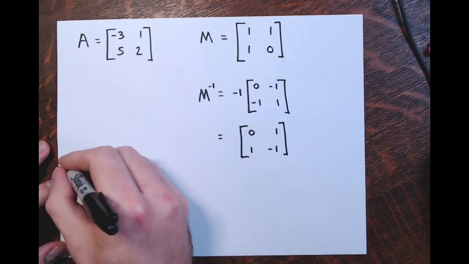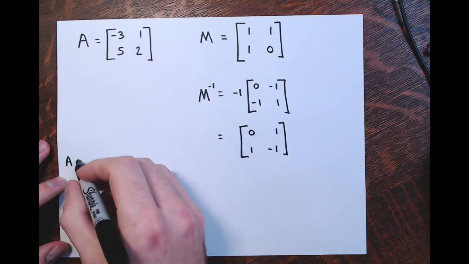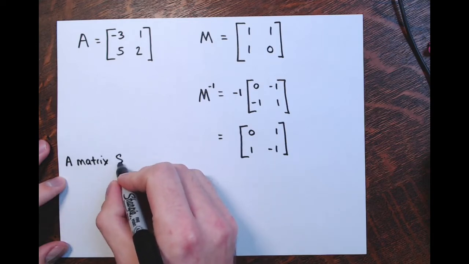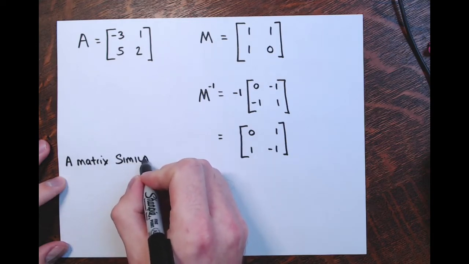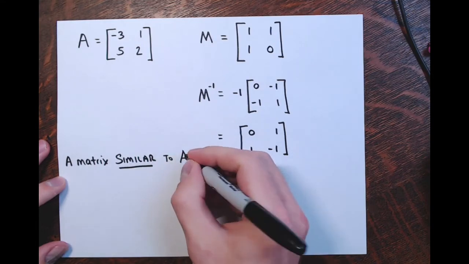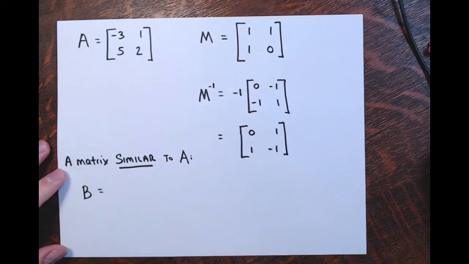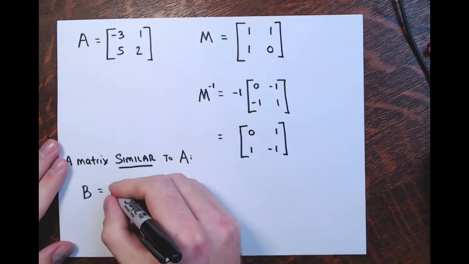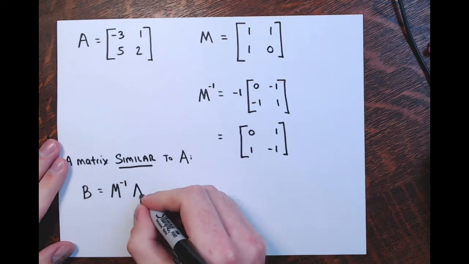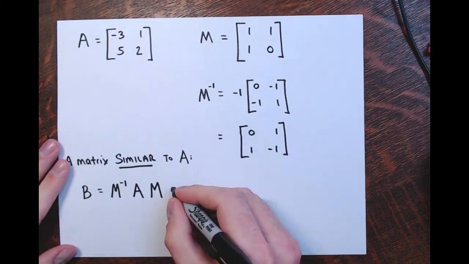Now, I'm going to use this to find a matrix that's similar to matrix A. A matrix similar to A, again they're calling this B. One way to do it is to take this inverse, M inverse, multiply it by A, and then multiply it by M. Let's see what we get.